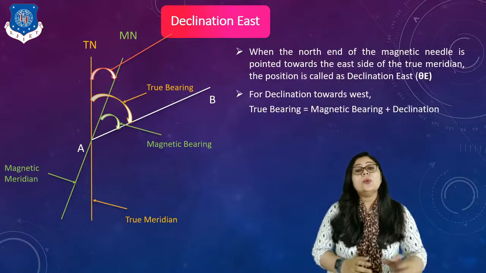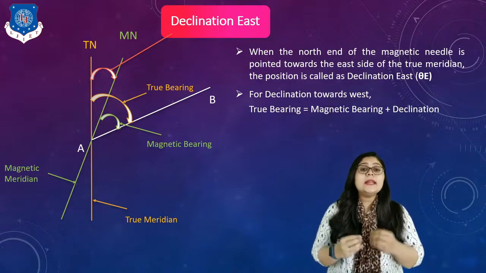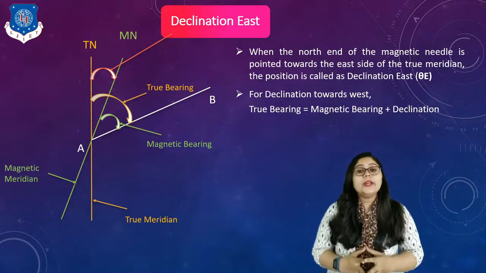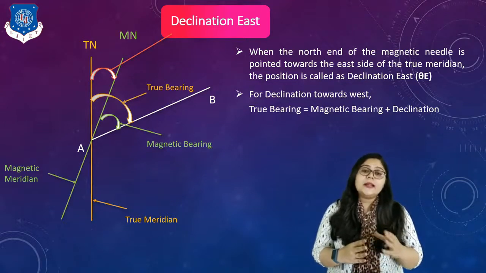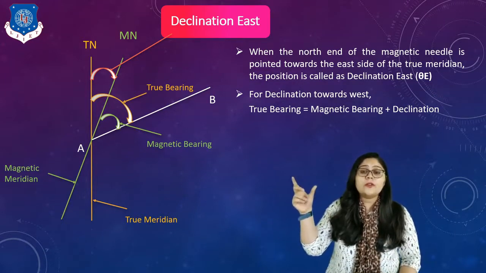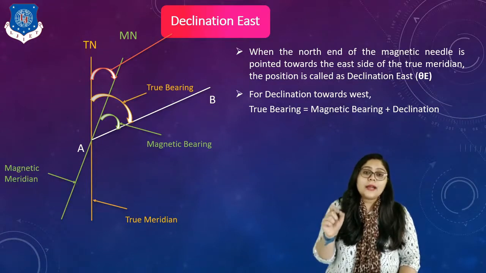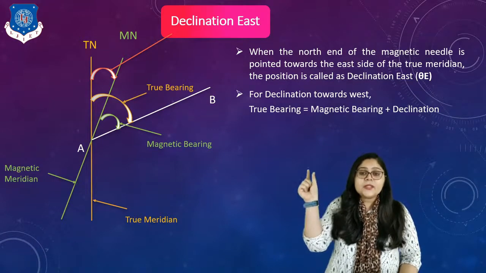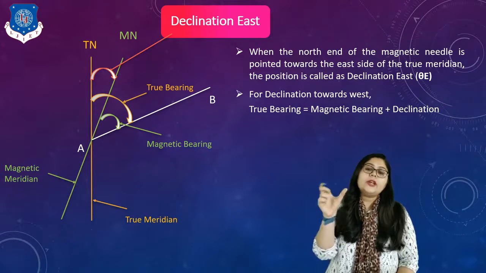So I can say when the north end of the magnetic needle is pointed towards the east side of the true meridian, the position is called declination east, theta east. And again, you can see on the screen that the true bearing of the line is now the total angle. So I have to identify my declination and simply add it to my magnetic bearing to get my true bearing of line.